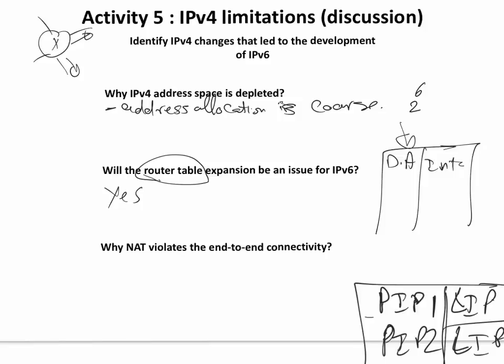But the number of networks will not grow with the same proportion, and it will never pass the maximum number of networks in IP version 4. What I'm trying to say is that don't expect that the expansion of the routing table will happen in the same proportion as the expansion of the address domain. They are not proportional. Because the expansion of IP address version 6 would mean that the networks will be very dense.